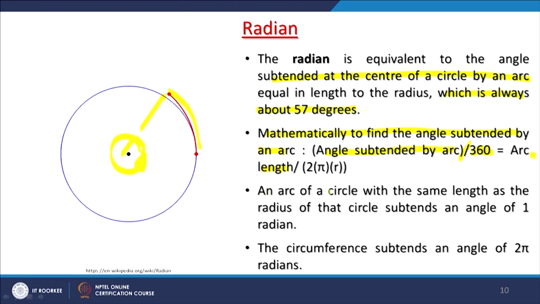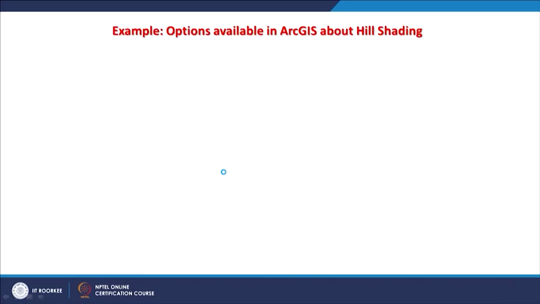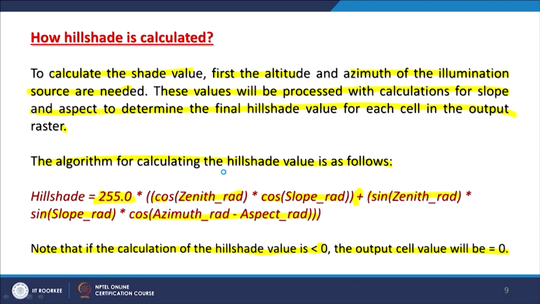An arc of a circle with the same length as the radius subtends an angle of 1 radian, as you are seeing currently here, and the circumference subtends an angle of 2 pi radians. So, if you are covering the entire circumference, the radian value would be equivalent to 2 pi. That is why in that calculation the values are always in radians.